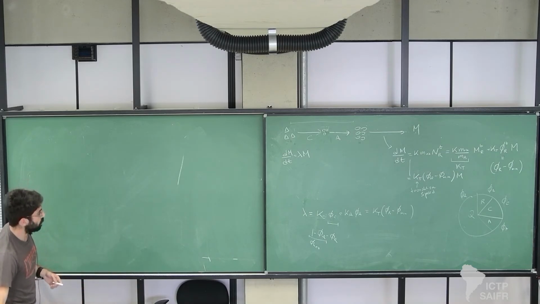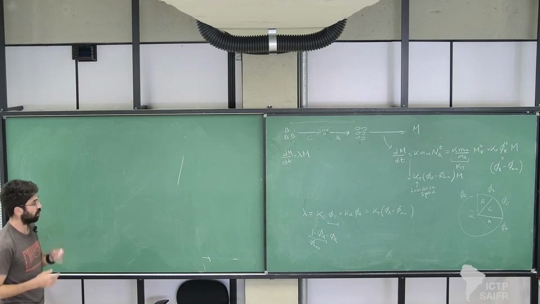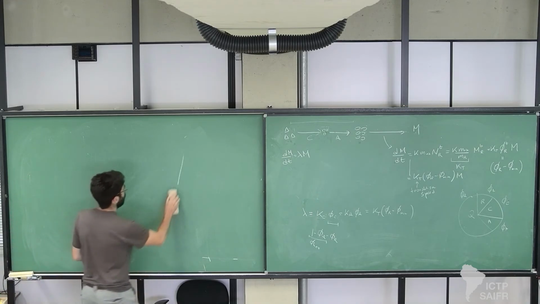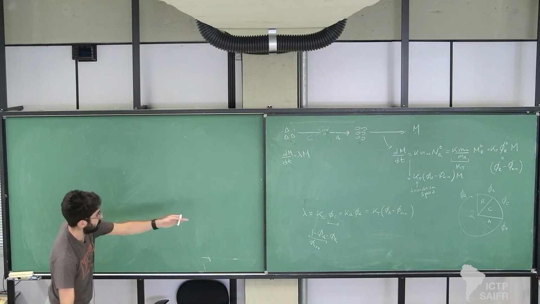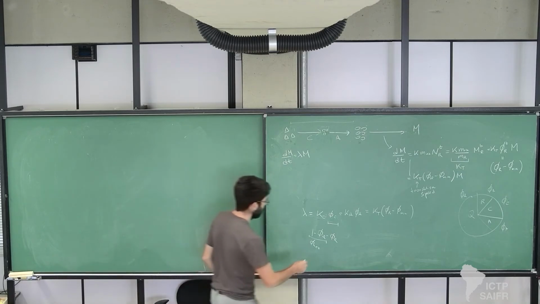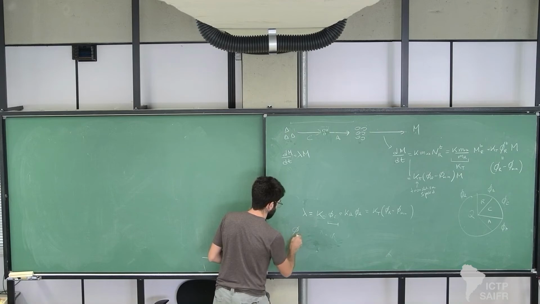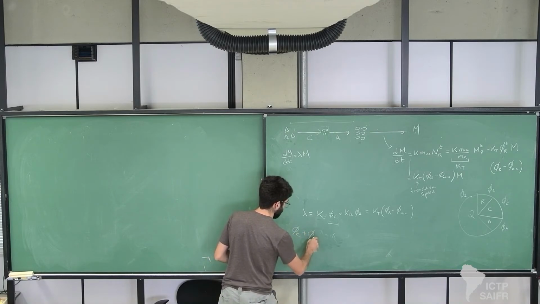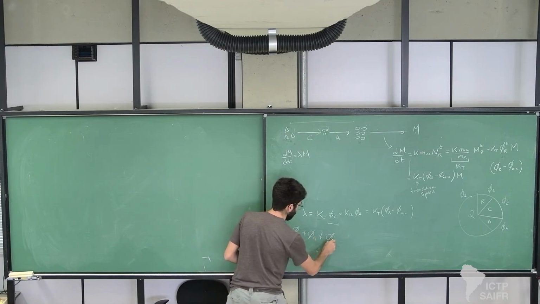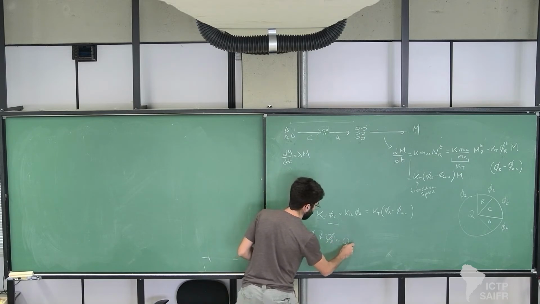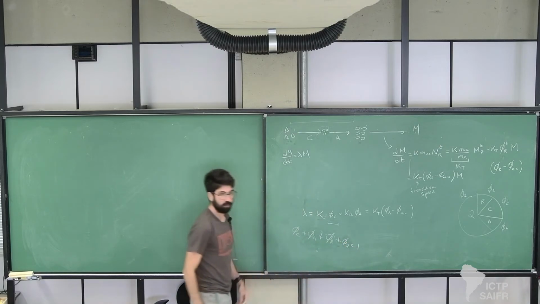So what we can do now is again to solve the equations. All these three things have to be equal, and we know in this case that the condition is that phi C plus phi A plus phi R plus phi Q is equal to 1.